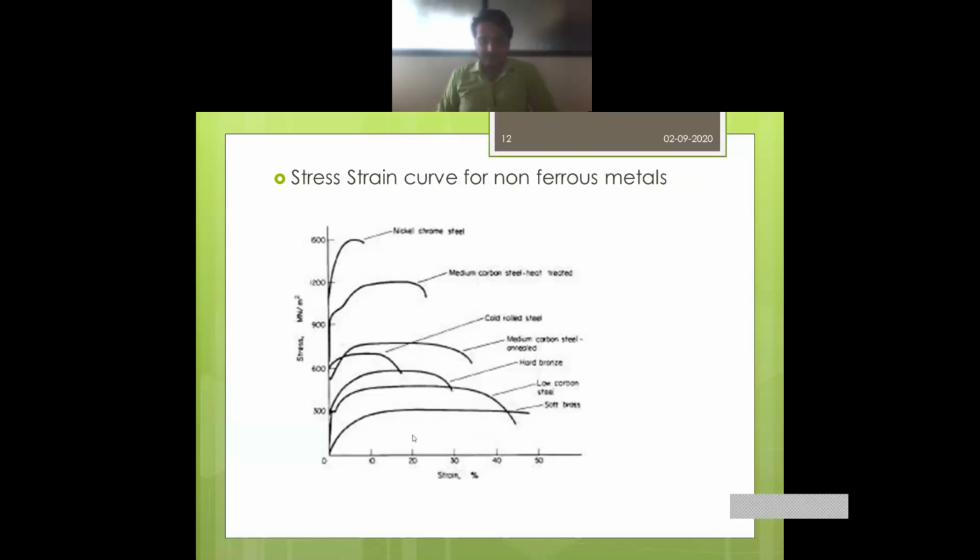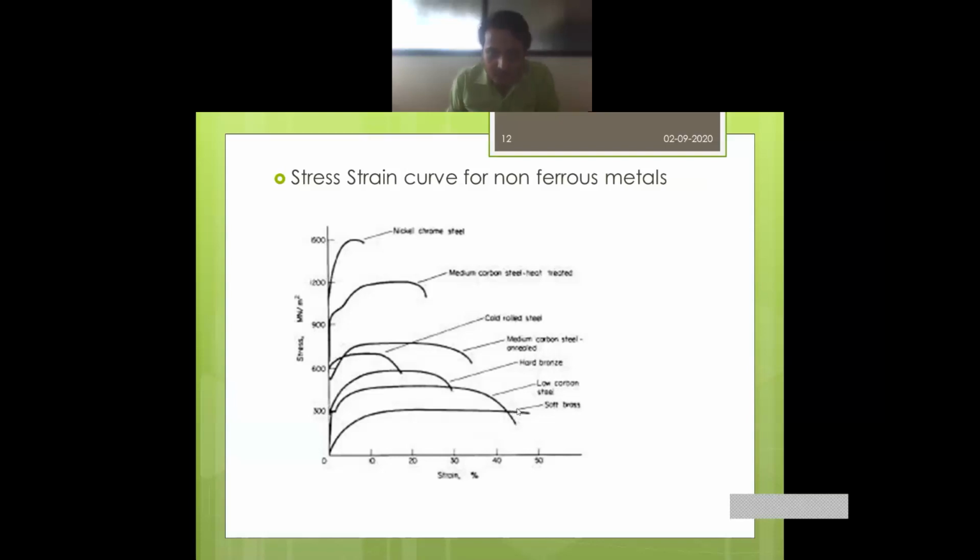For example, this curve is drawn for soft brass. When I consider soft brass, the yield point starts at somewhere around 250, and it goes on increasing, and this may be the ultimate load point, the 300 kilonewton per meter square itself is the ultimate load point.